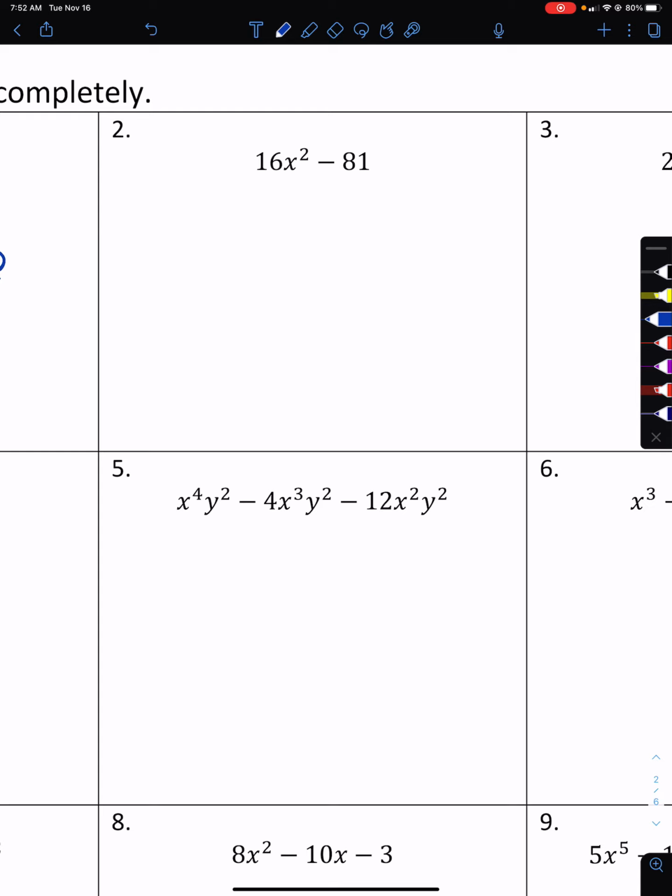So in this case, there is not a GCF that I can find to make those values smaller. So I'm going to go ahead and look at, is there a perfect square value to the first term and to the second term? Let's see. My a term, perfect square, the square root of 16x squared would be 4x. And for the b term, square root of 81 would be 9.